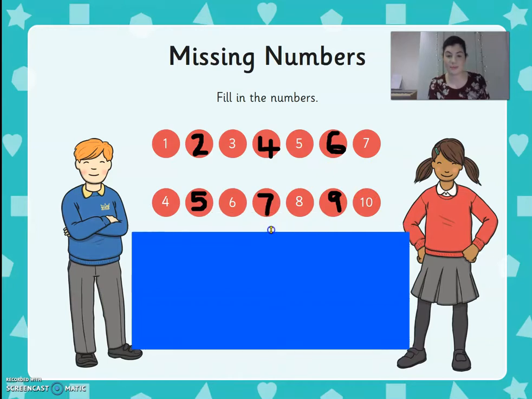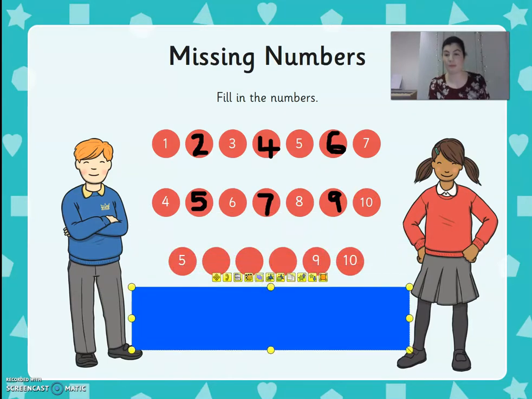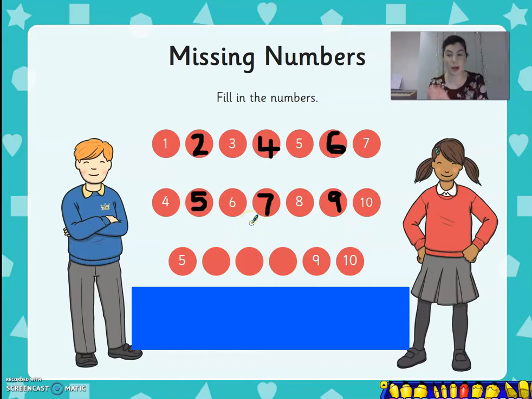Right, you ready for the next one? Ooh. Okay. Let's have a look. Now, look, we've got 3 spaces. We've got to fill them all. 5, something, something, something, 9, 10. Now remember, it's still going up to 10. 5. What's going to be 1 more than 5? 6. Absolutely, let's pop it in. So we know that. Now, let's go from the other end. 10, 9. We're going down.